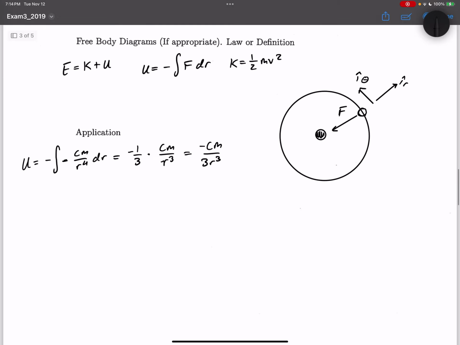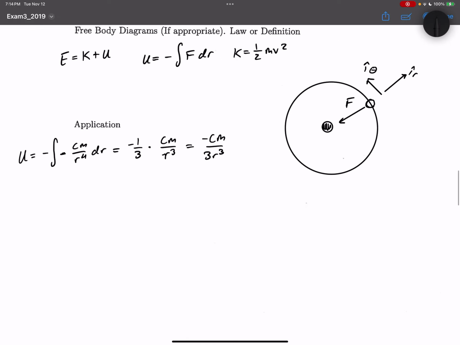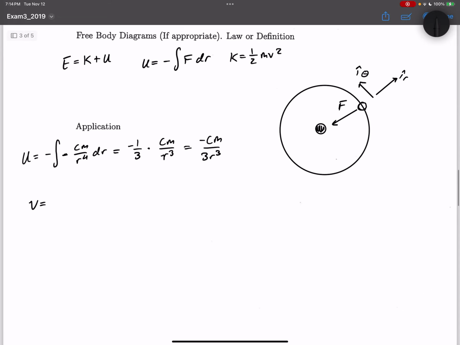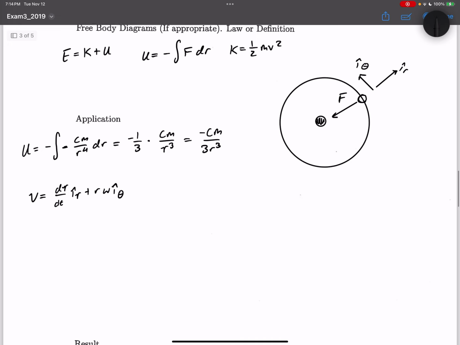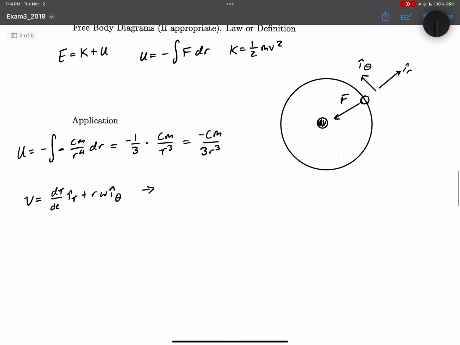Our kinetic energy is a little bit different. We need to use velocity here. If you remember, we just did that. We have velocity equals dr/dt i_r plus R omega i_theta. And we know that kinetic energy equals 1/2 mv squared, right?